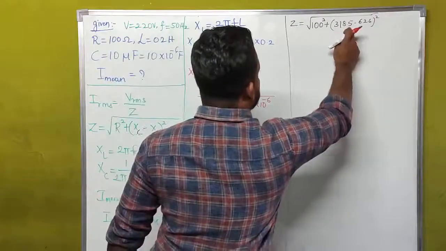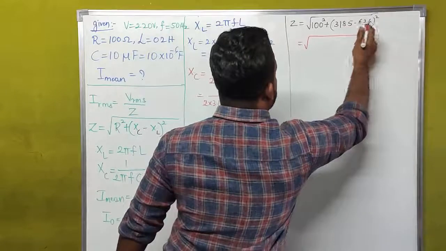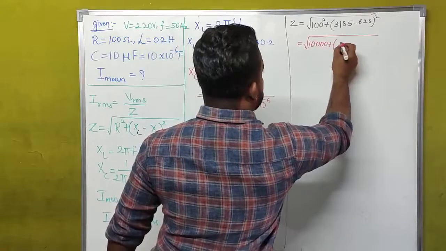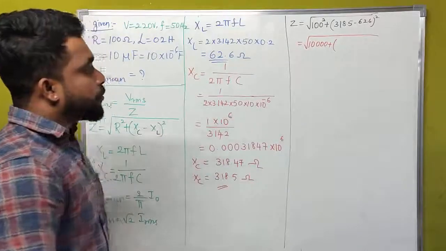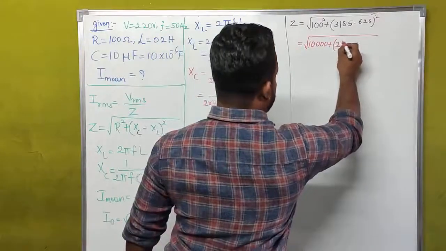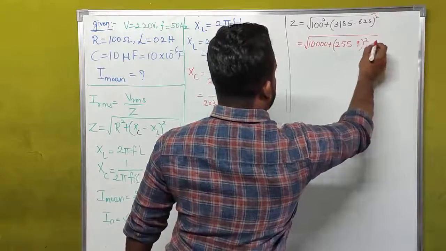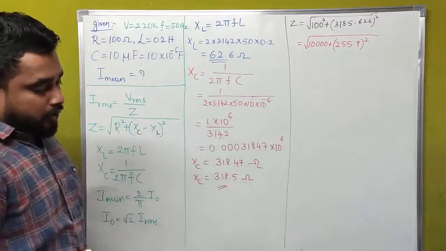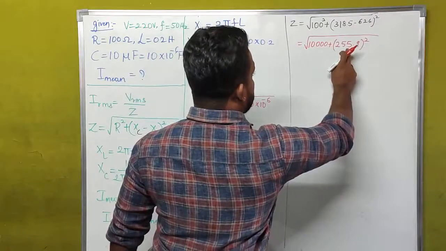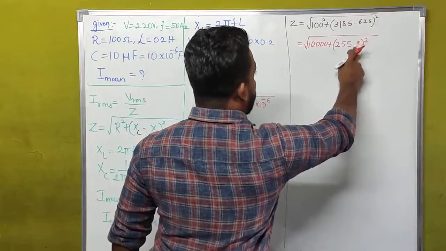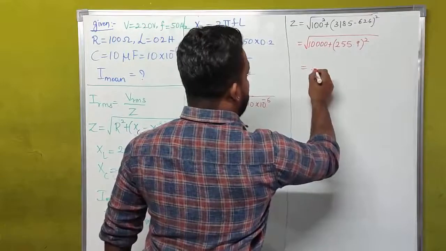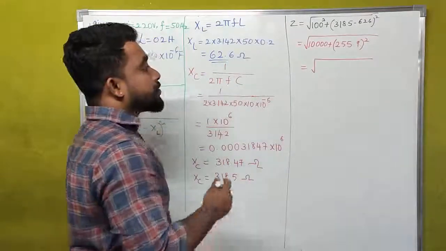Next, if we subtract 318.5 by 62.6, what we will get? This is 10,000 plus 318.5 minus 62.6 is equal to 255.9. 255.9 whole square. If we take the value of 255.9 whole square, and add that with the 10,000, and again we have to take out the square root of that thing.